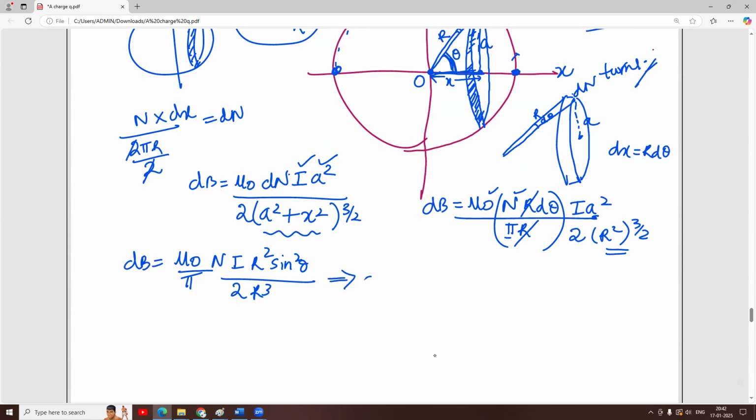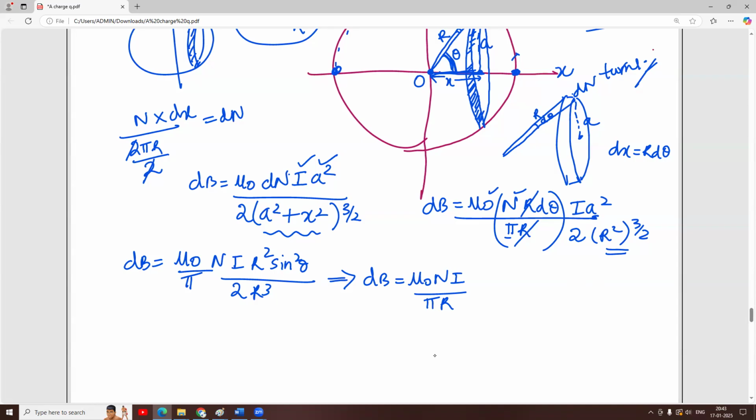So that implies dB is equal to mu naught N I, they're all constants. One r will get cancelled, one r will remain. Pi r, I think that is correct.